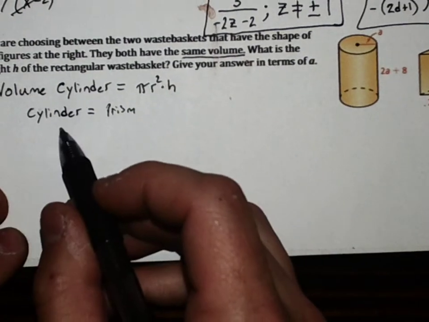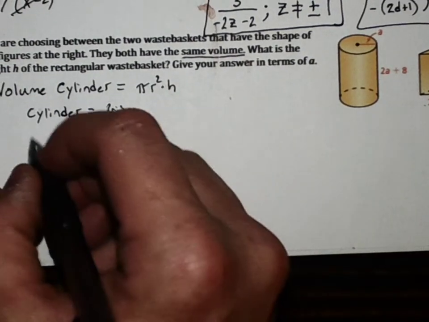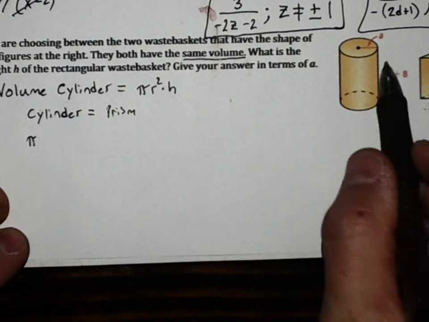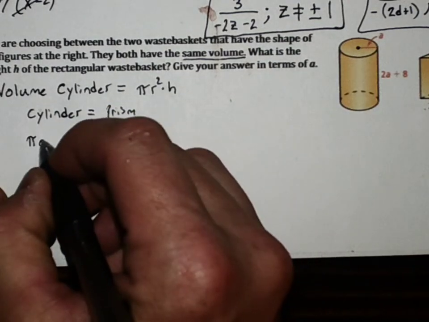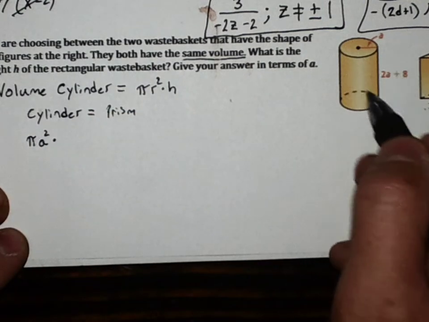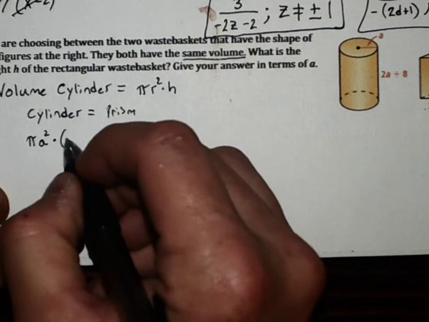So the cylinder's volume is going to be pi r, where r in this case is a, squared, times the height, and the height is 2a plus 8.